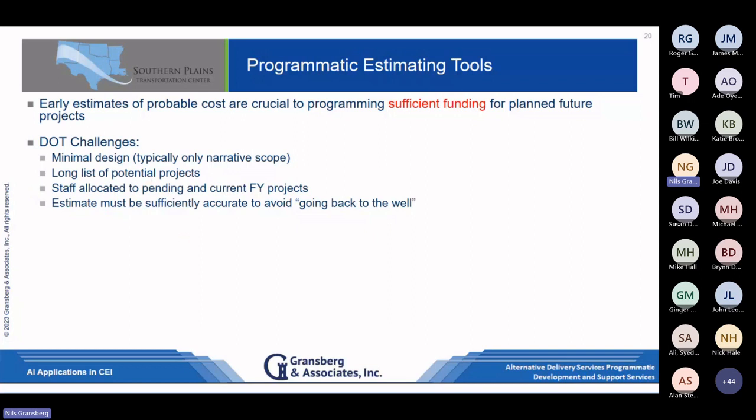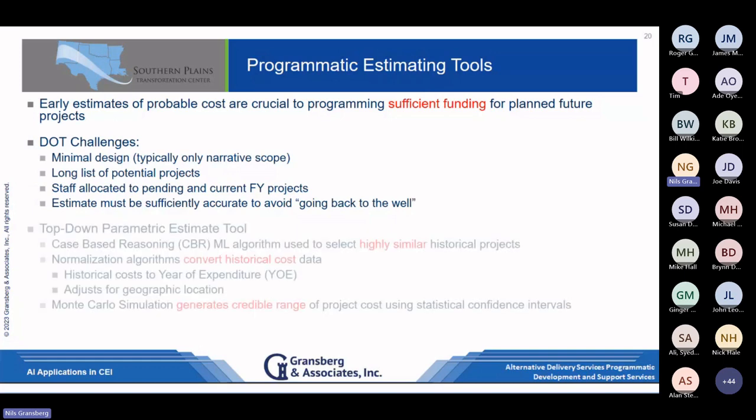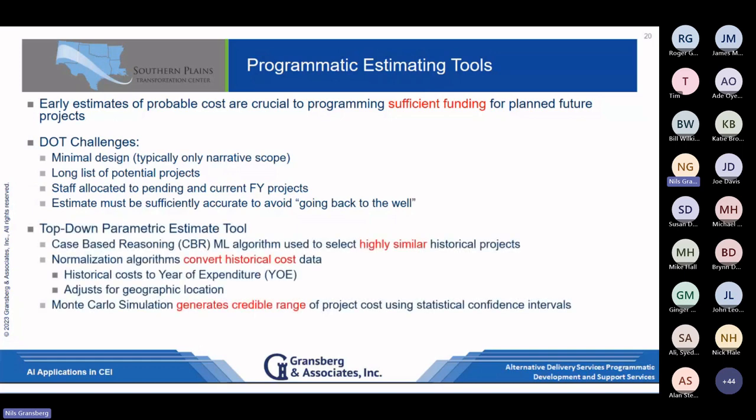So this is one of those things that you can get with a programmatic estimating tool. The one I'll show you here is a top-down parametric estimating tool that uses a case-based reasoning machine learning algorithm to select highly similar historical projects, and then uses those to run through a Monte Carlo simulation to generate a credible range of cost with statistical confidence intervals.